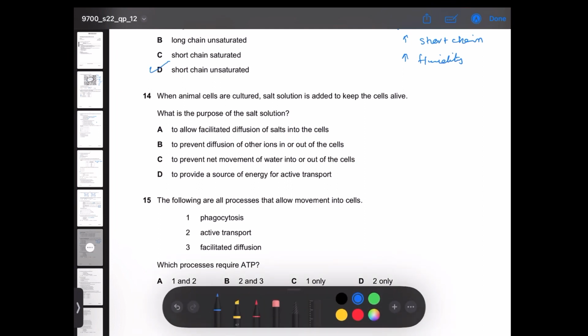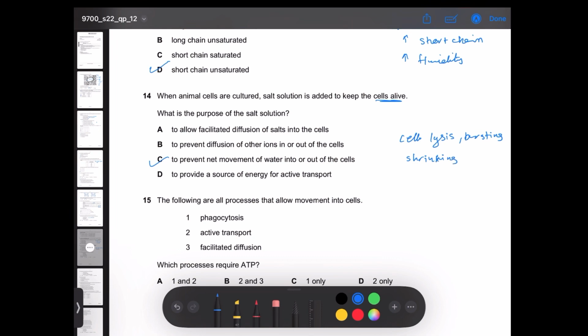It should be C, because you need to keep the cell alive. So to keep the cell alive, you need to prevent the cell from lysis or bursting, or from shrinking.